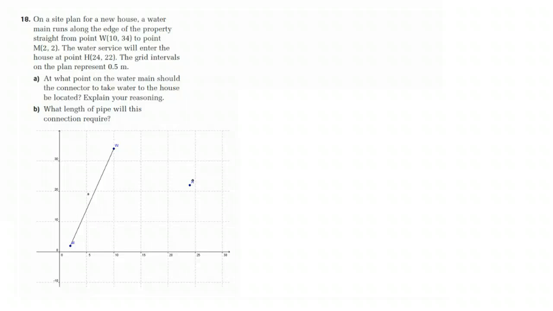Explain your reasoning. Well, the rationale here is that we want to use as little pipe as possible. So what I'm going to do is just draw on this diagram.